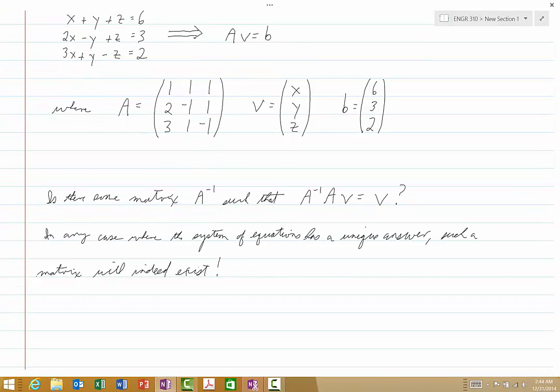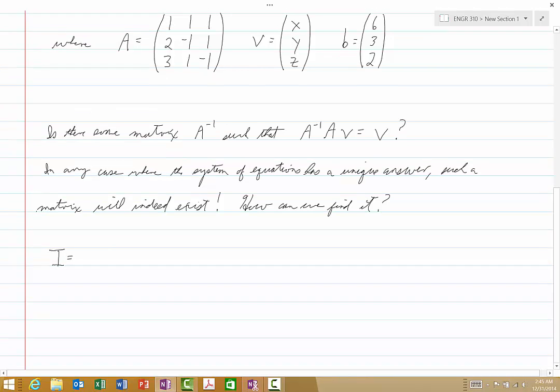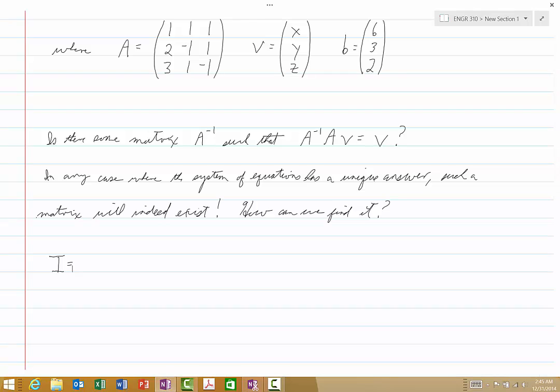And so now we ask, how can we find it? Okay, now before I show you how to find this, and it's very easy, I want to introduce a little terminology that we haven't discussed before, and that is the identity matrix.